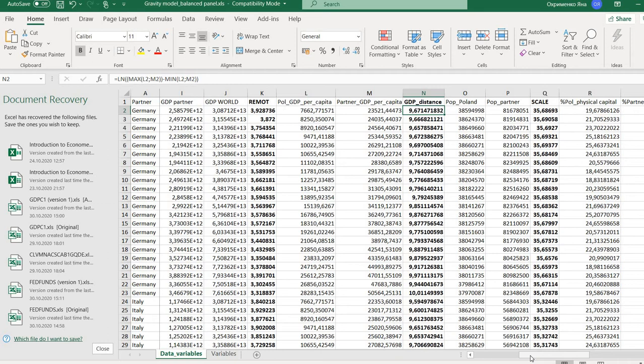One more thing. In usual specification of the gravity model of international trade, you have gross GDP, and it might be a good idea to decompose it to GDP per capita and population.